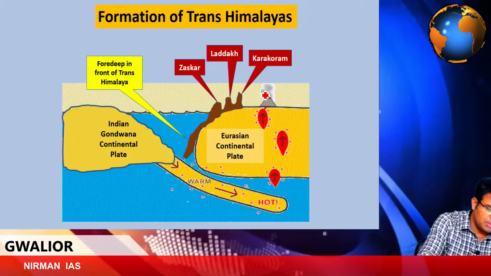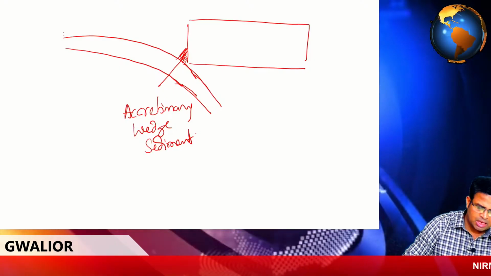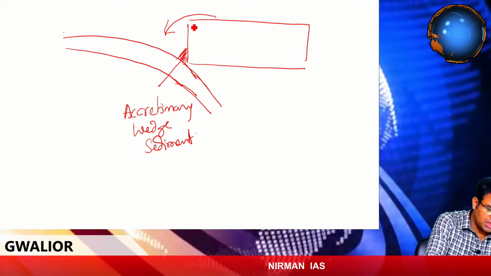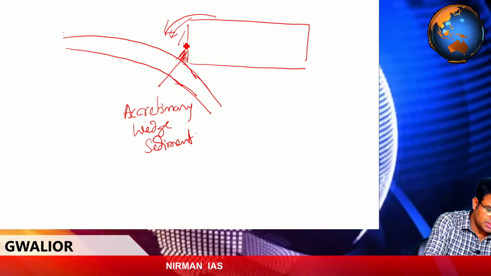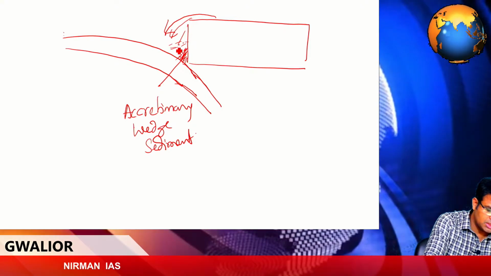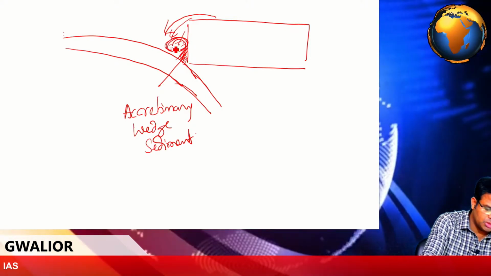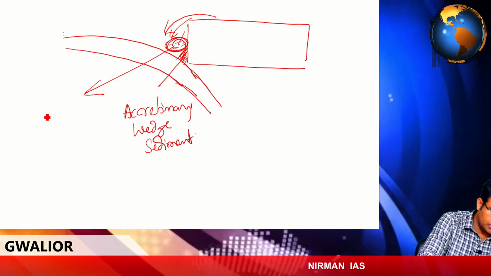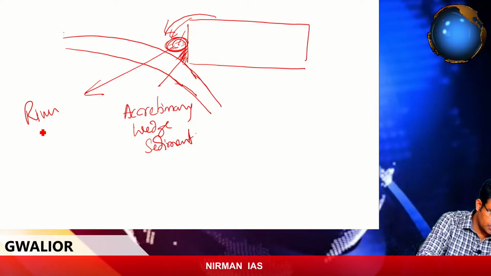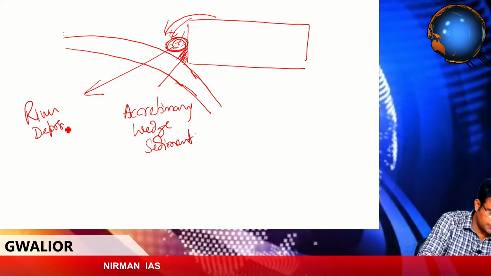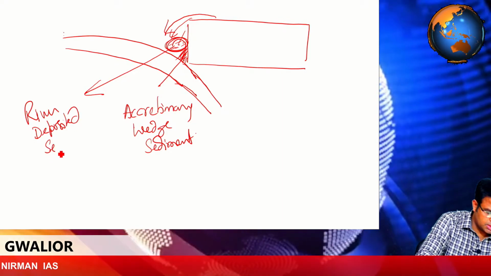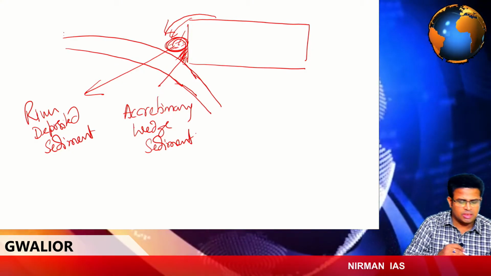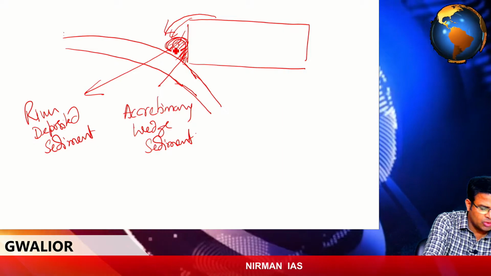At the same time, from the continental plate side, the river will keep on depositing sediments, and a large amount of sediment has been deposited. So the river deposited sediments over here.